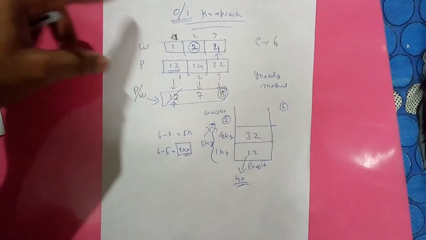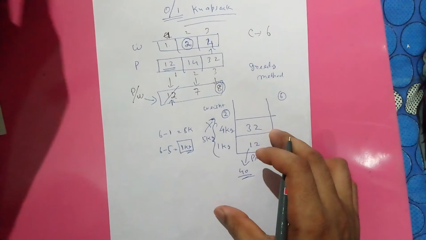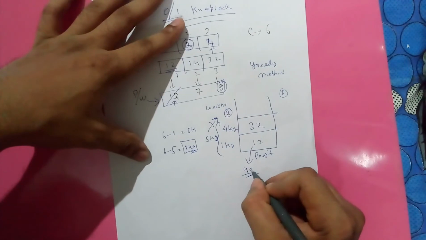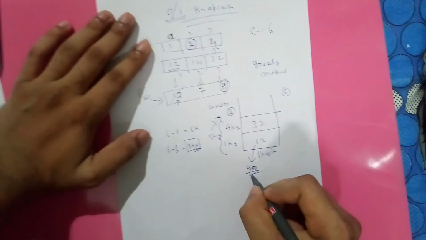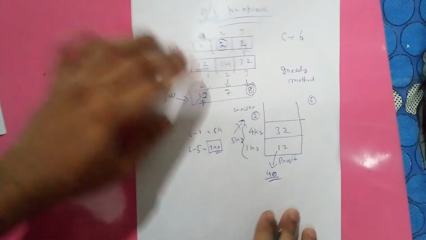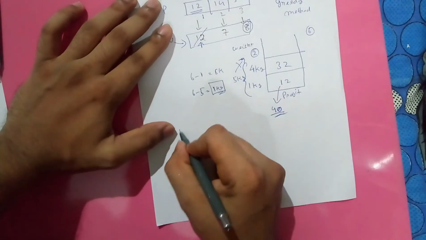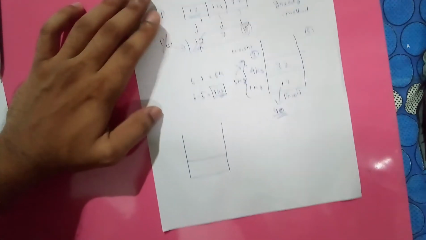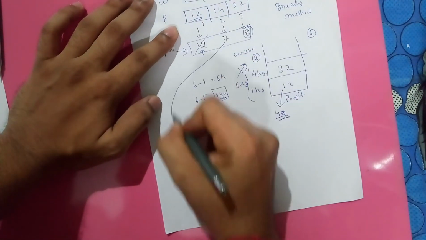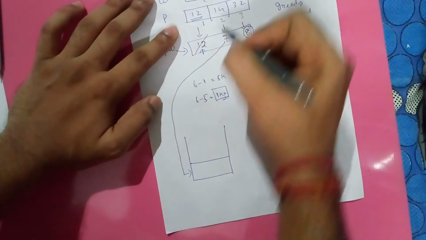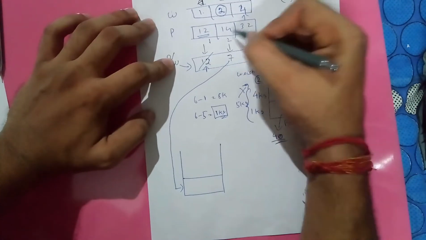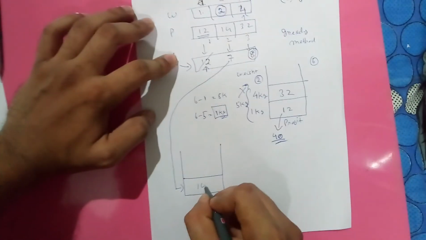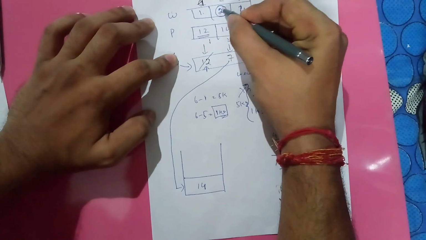Now, to prove that I can get a profit more than this 40, I will take another bag. Basically, I take this item first, which has a profit of 14 and a weight of 2 kgs.